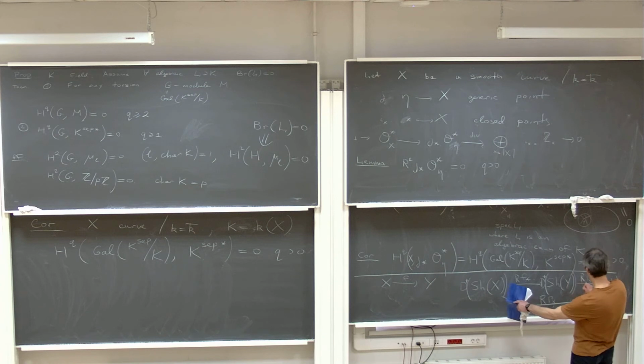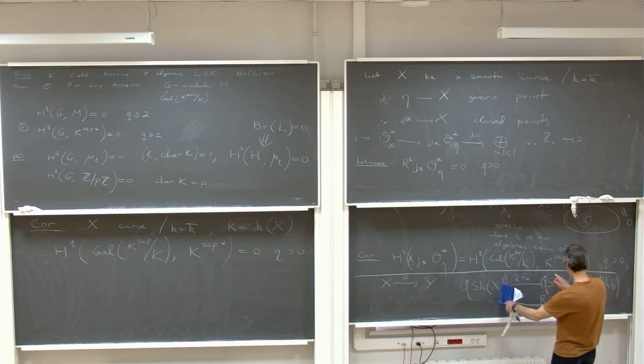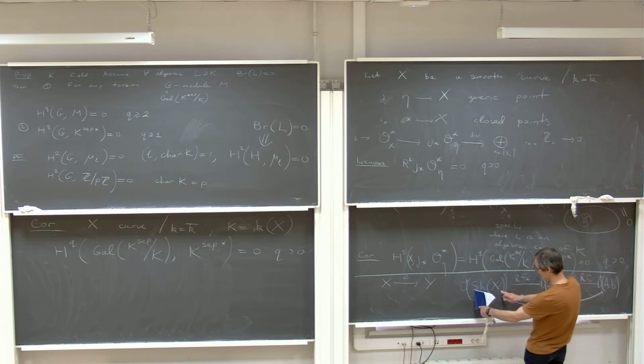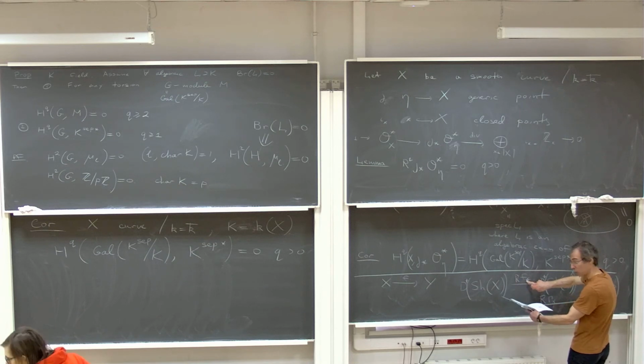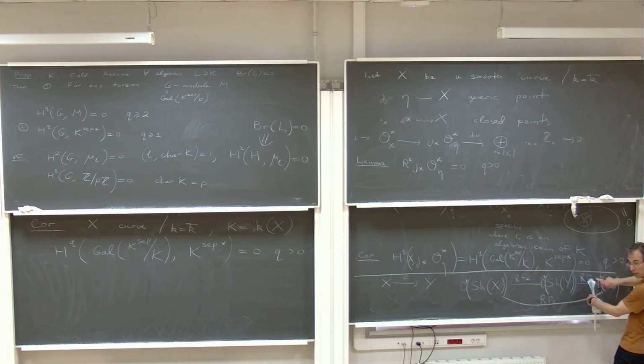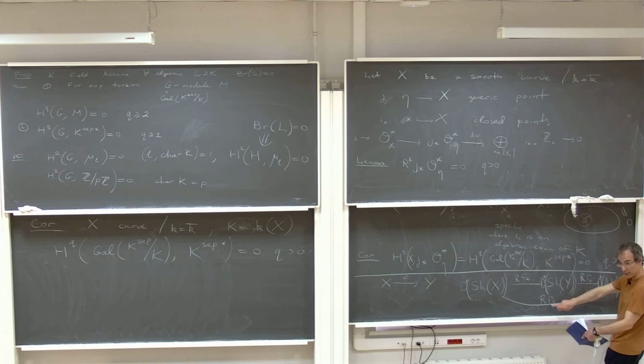So in order to compute this composition, you replace your complex by a complex of injectives, and then you apply f_* term-wise. You still get a complex of injectives. So to compute this, you apply Gamma term-wise, but that's the same as this functor.